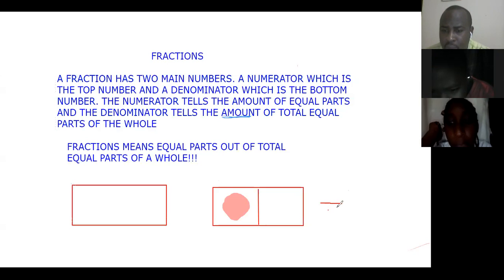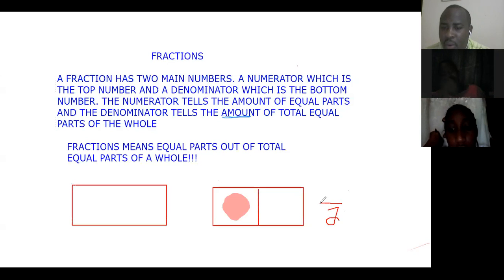From what we know about fractions, does this 2 represent the numerator or denominator? Look at where the 2 is. Denominator. The number at the bottom is the denominator.